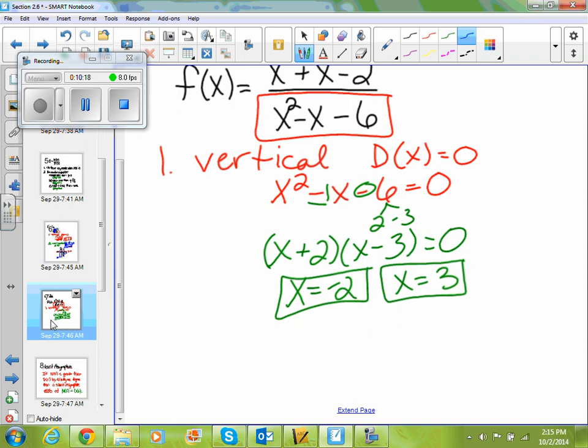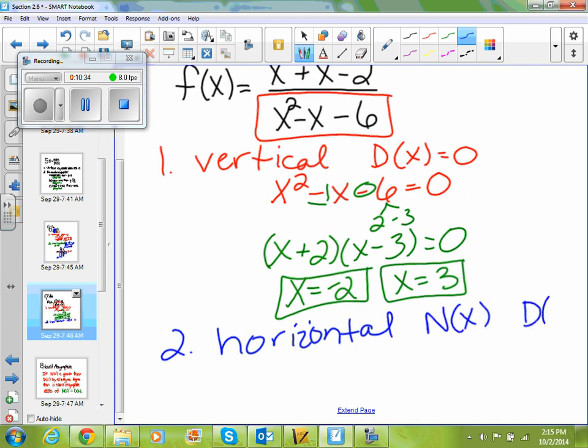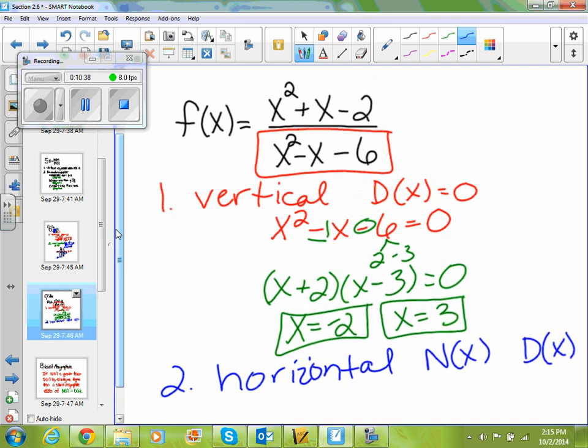Okay, for the second part, to find my horizontal asymptote, I have to compare the degree of my numerator to the degree of my denominator. Okay, so in this case, the degree of my numerator is 2, the degree of my denominator is 2, so they're equal.